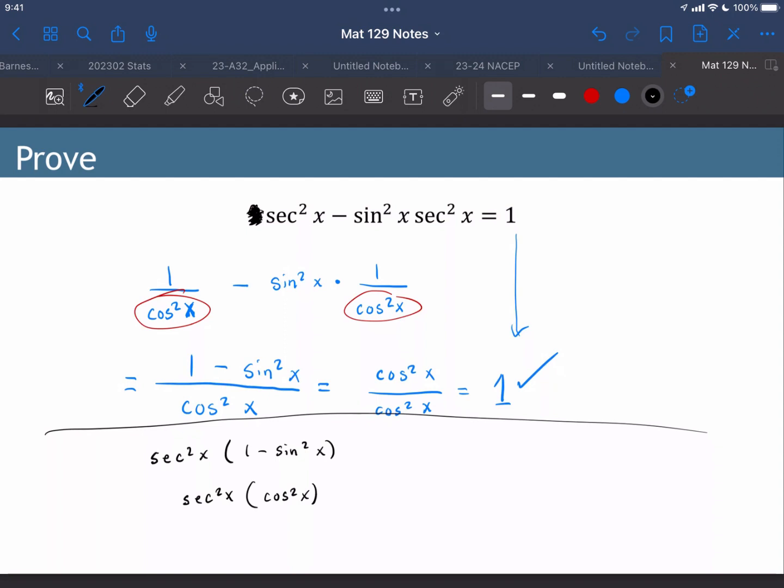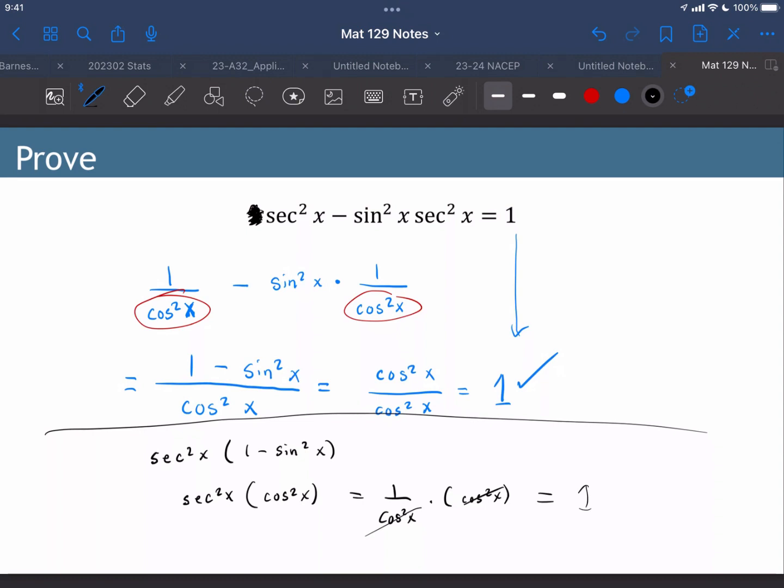Secant and cosine are inverses, so secant times cosine is 1. There are the squares, but that doesn't matter. Or to put a finer point on it, if you're still not buying it, secant squared is 1 over cosine squared, and so they cancel, and there's your 1. So that's another way we could have done it.